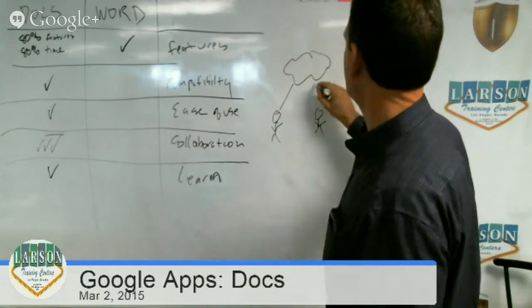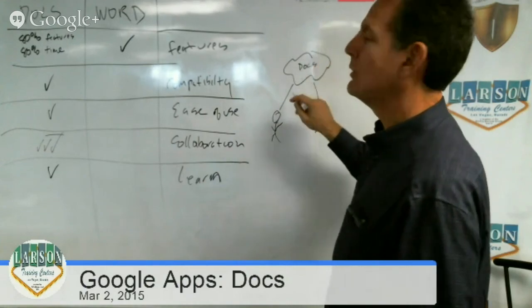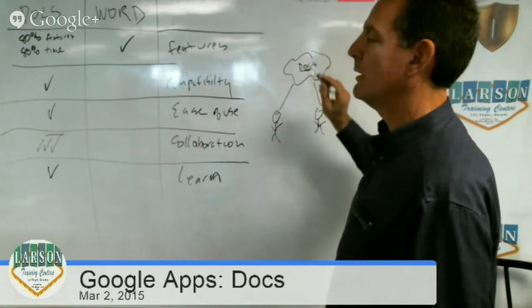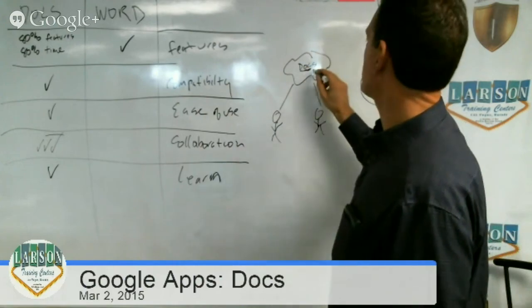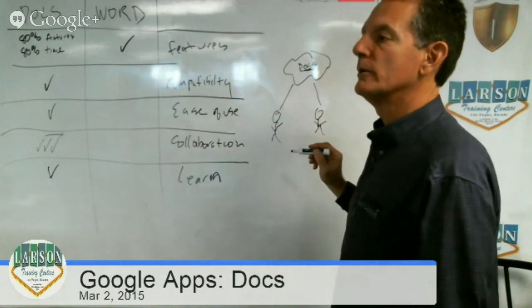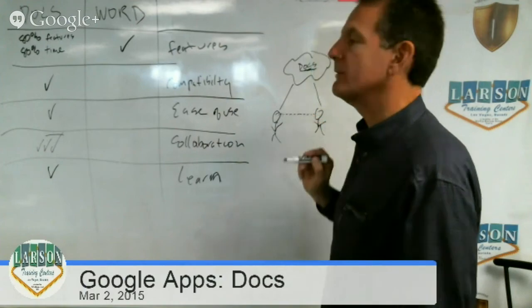Okay. In Docs, the document is on the drive. This person is working on a document on the drive. This person is working on the document in Drive. That person isn't going into your computer. What you're talking about with technical support is this person has access to your computer.